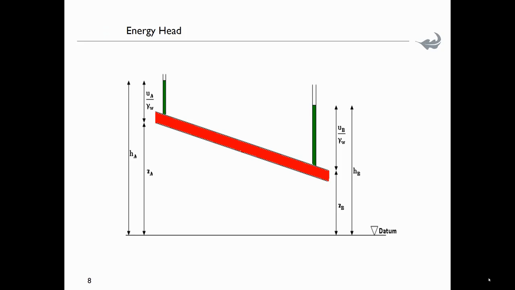If we insert a small pipe into the soil, H is the total head, U is the pore water pressure or the pressure head, and Z is the height above the datum, or the elevation head. The datum can be chosen anywhere you want, but you always try to make it as convenient as possible. Then gamma W is the unit weight of water, and the pore water pressure divided by the unit weight is called the pressure head.